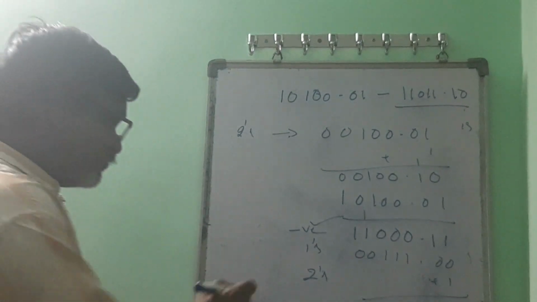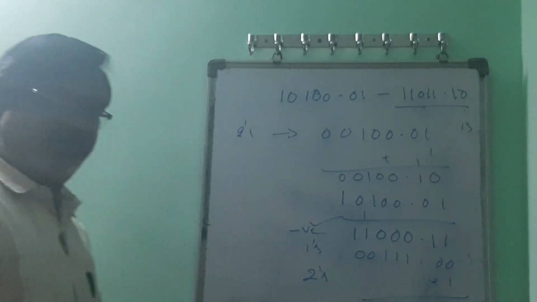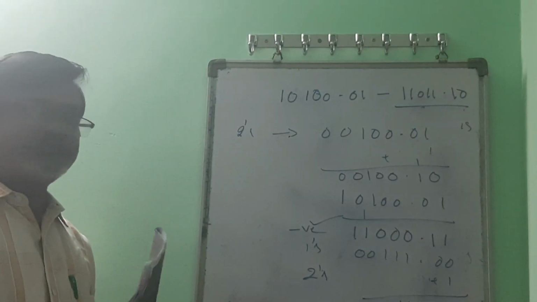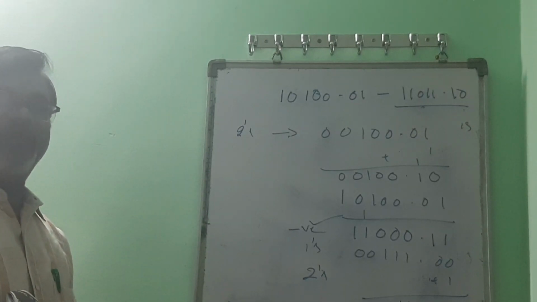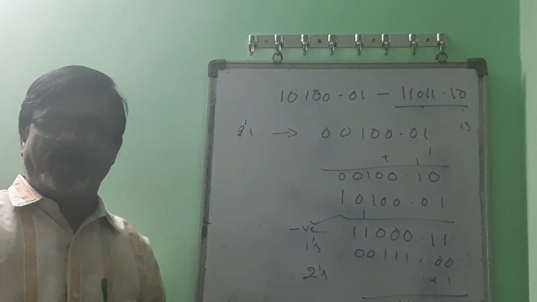This is the subtraction value with a negative symbol. This is how we perform subtraction using r's and r minus 1's complement, even for fractional values.